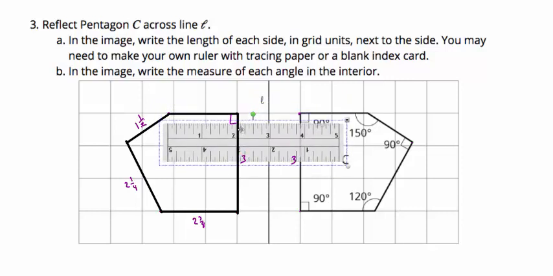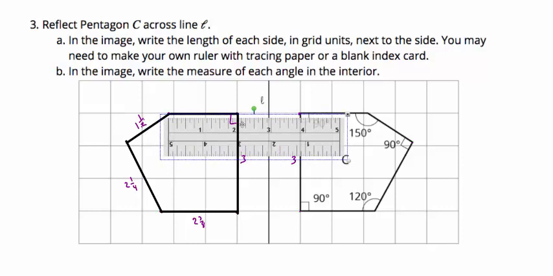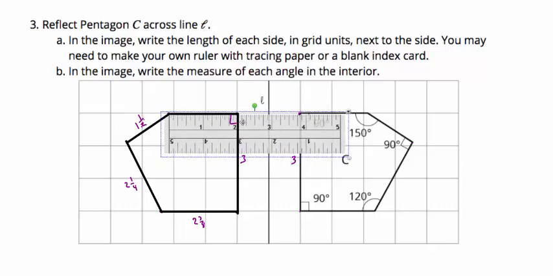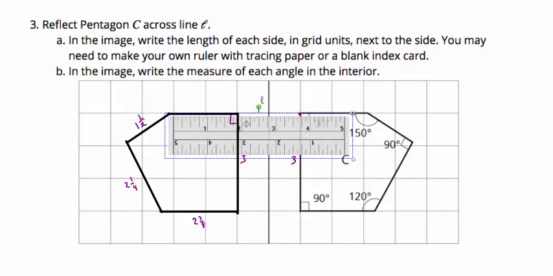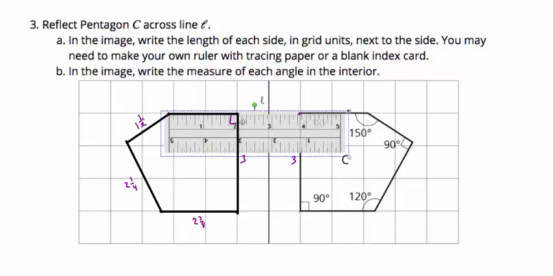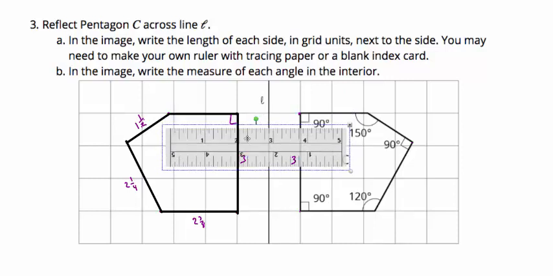Is that right at 2? That can't be right at 2. Oh, these are a little bit bigger than the square, so looks like we're about 1 and, no, it's right at 2. 2 on the tape measure there.